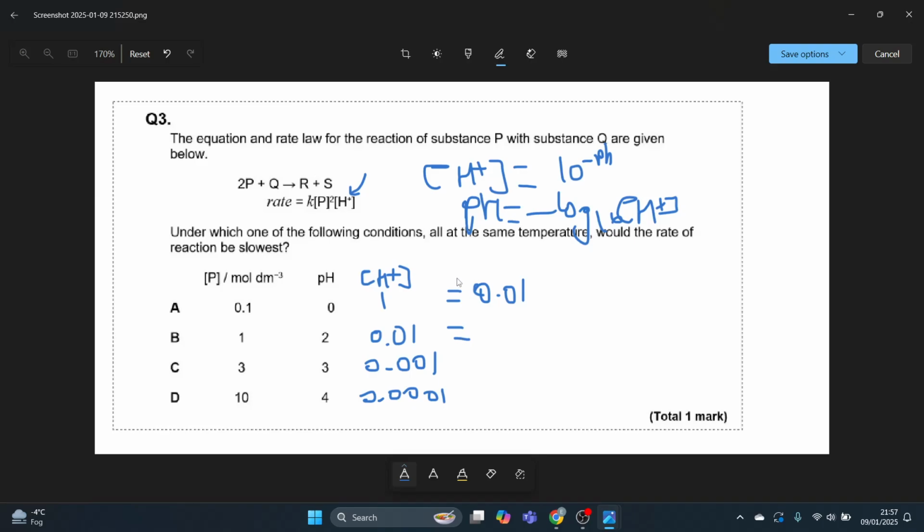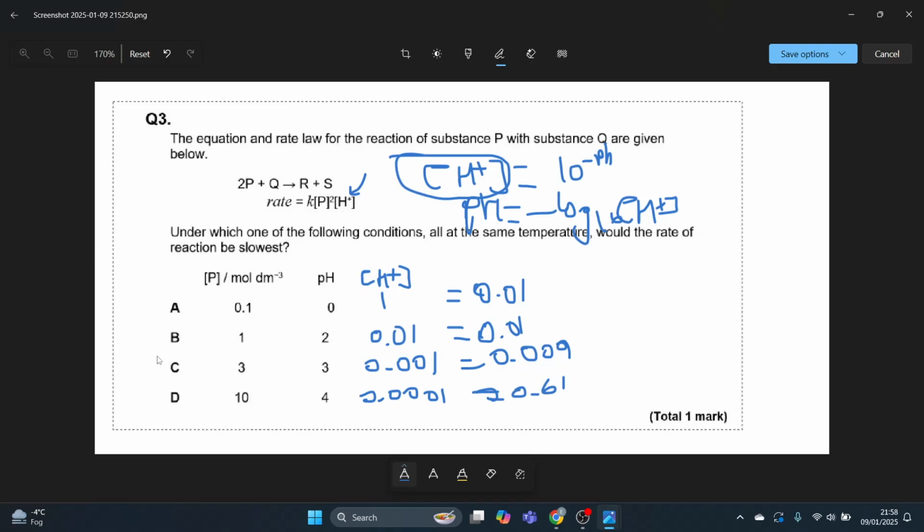We obviously don't care about the pH now; we do care about it because we use it to calculate the concentration of H plus ions, but we don't need it now. Then 3 squared times 0.001, 0.009, and then 10 squared times 0.001, 0.01.